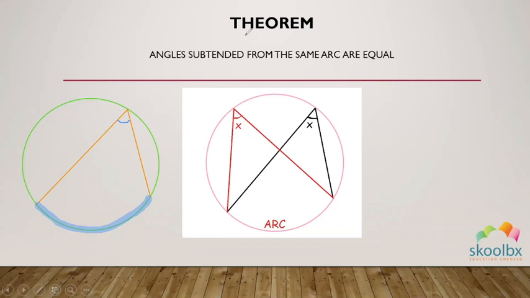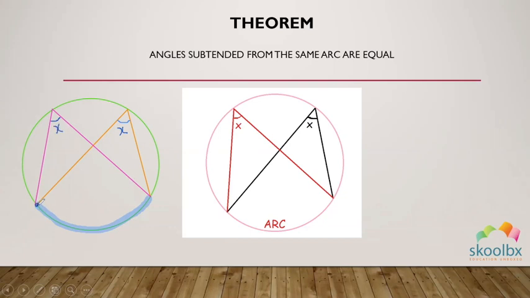What if I draw another angle from the same arc? Would you think that angle would be equal? Yes, sir, because they share the same arc when joined from the center. This is x, then this would also be x.